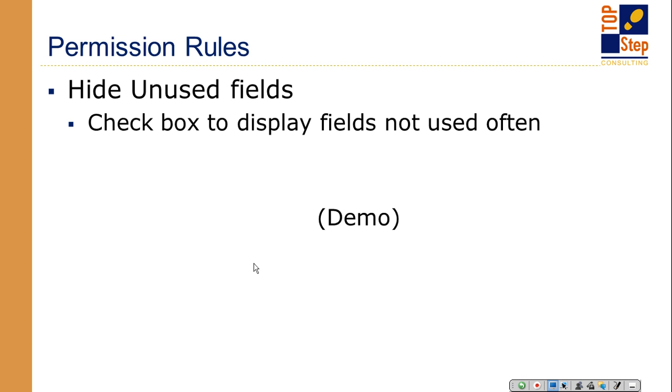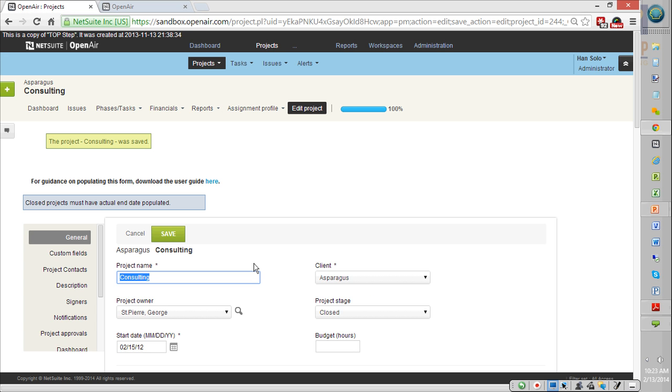All right. So those were fairly simple examples. I want to show you one example that can be really handy. If you have lots of fields on a form that you don't use very frequently and they're taking up lots of space, I'll show you just one little trick of how you can clean up your form a bit.